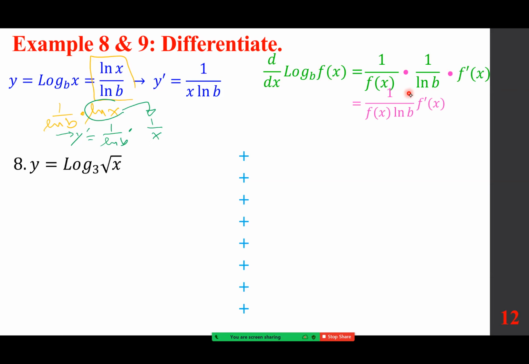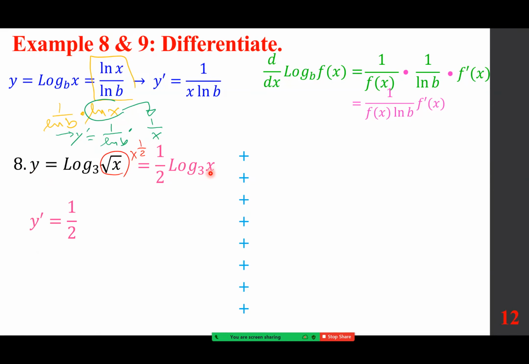So going back to question, log base 3 of square root of x. We are going to write this as x to the power of 1/2 first, and 1/2 becomes a coefficient because we are using the power rule. So this is algebra. Now I want to differentiate this. So y prime is, we keep the 1/2.